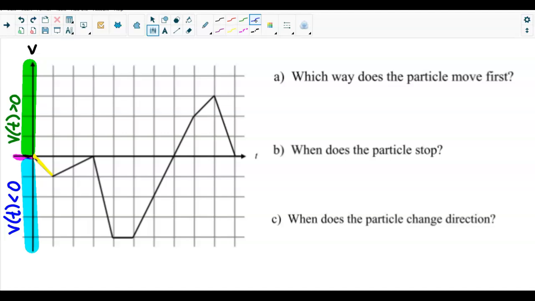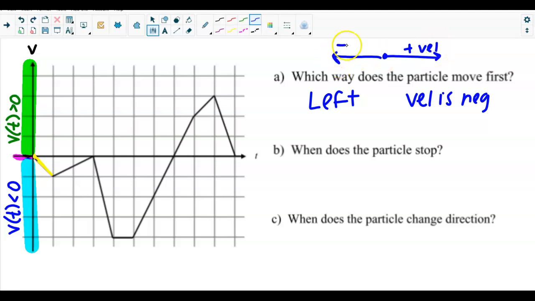We are below the x-axis, and so we actually move left. If you want to explain, it's because our velocity is negative. On the x-axis, to the right is positive velocity, and to the left is negative velocity.